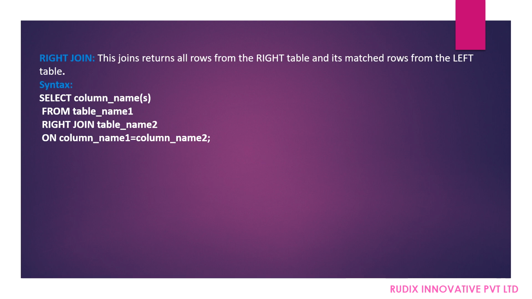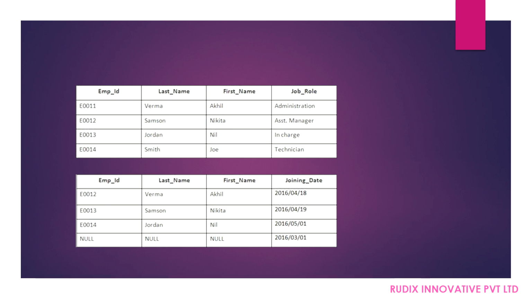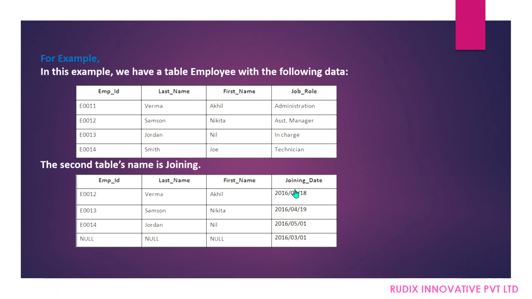Right join. In this right join, we match the rows from the left table. Here are the two table names. The second table name is joining and the first table is the employee table with the following data.